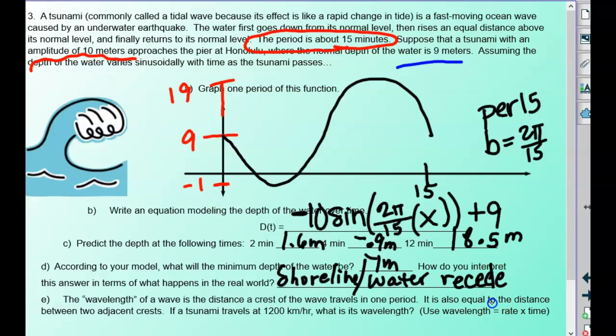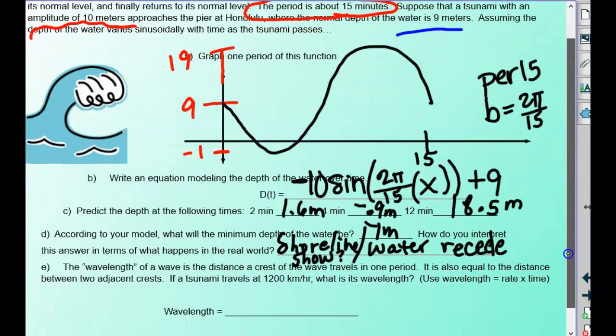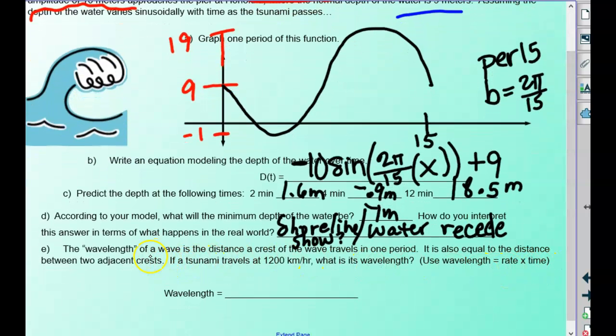I don't know how you spell that, recede. The shoreline would show more. You'd see all the little starfish clinging to the bottom down there, right? Or something.